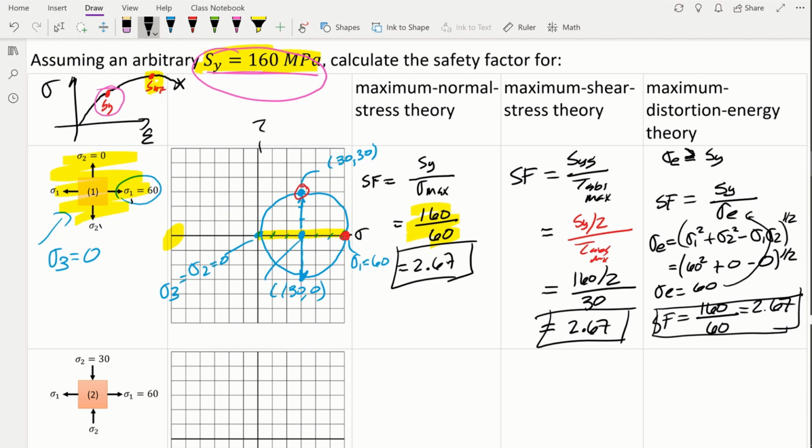And this is the safety factor calculated following the maximum distortion energy theory. And as we look over our results for these calculations, we have 3 different failure theories, and notice they're all predicting the same safety factor. Interesting.